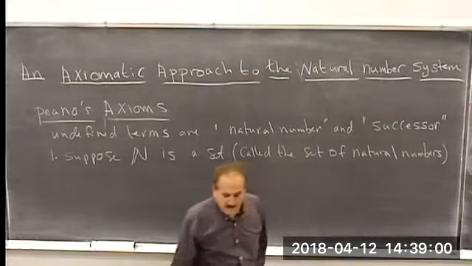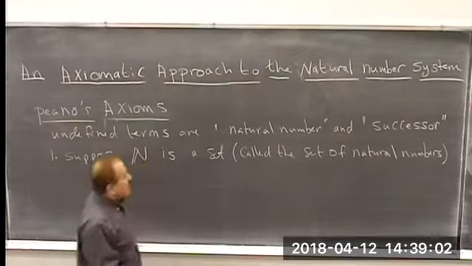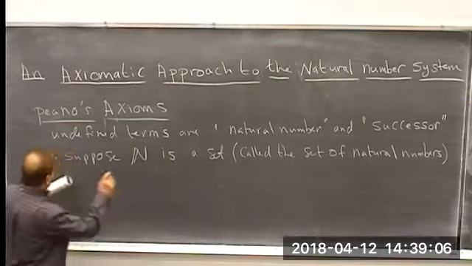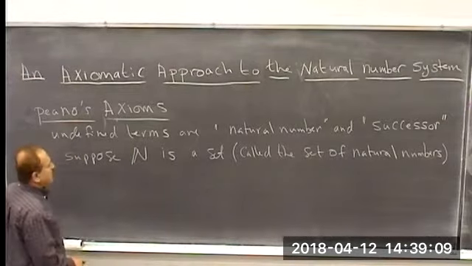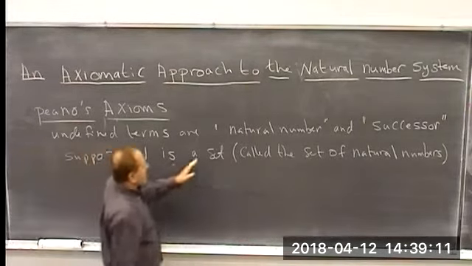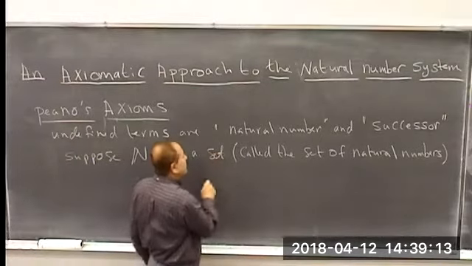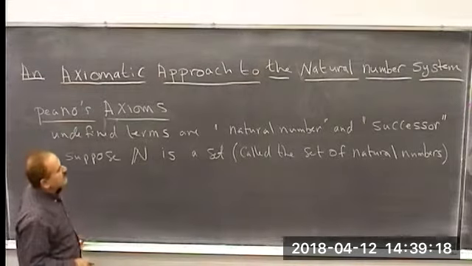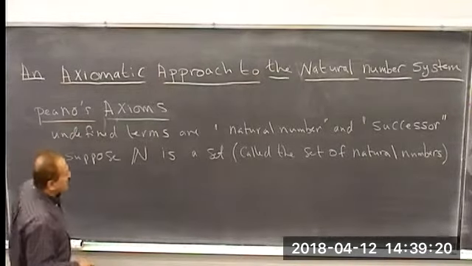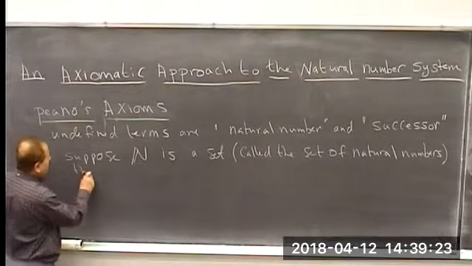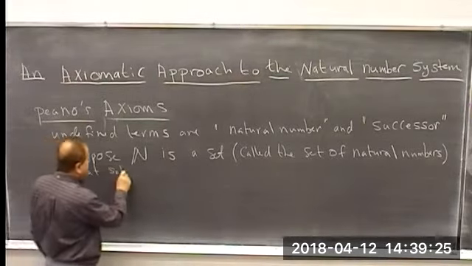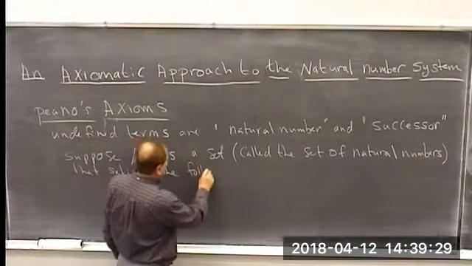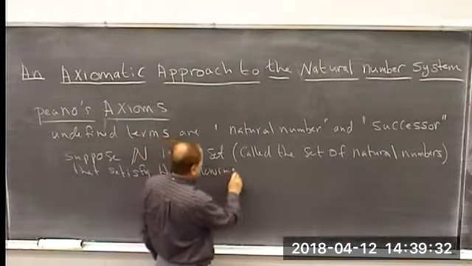So we're going to suppose we do have a set, and we're going to see that this set is actually non-empty. Its elements are the natural numbers, that satisfy the following axioms.